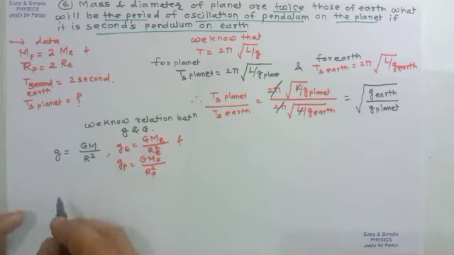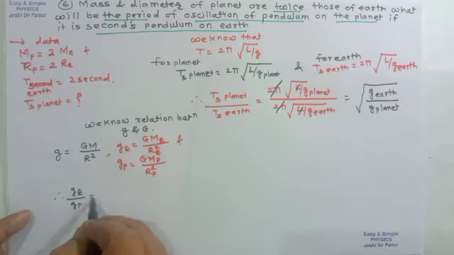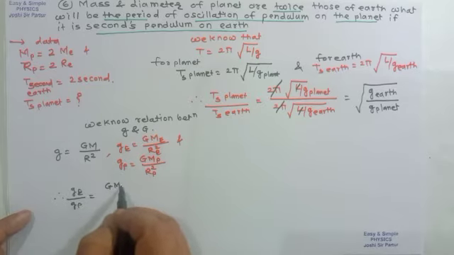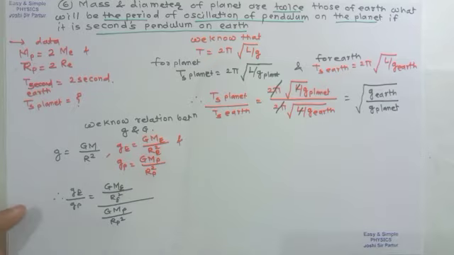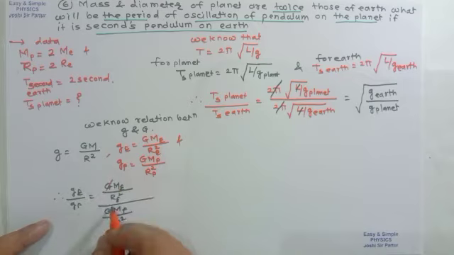So here g_e upon g_p is equal to capital G M_e upon R_e square upon capital G M_p upon R_p square. What happens? Capital G gets cancelled.